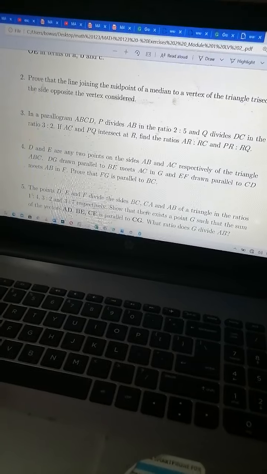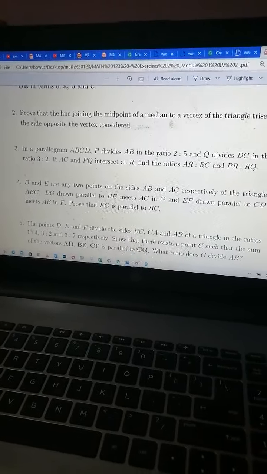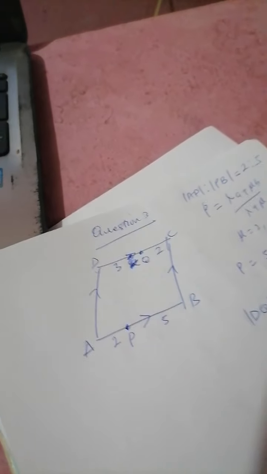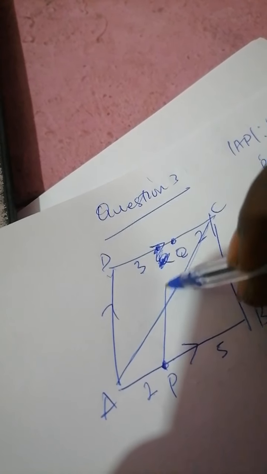Now the question says if AC and PQ intersect at R, find AR is to RC and PR is to RQ, right? So where is AC? We can draw our nice AC, right? Where is PQ? We can draw a nice PQ.